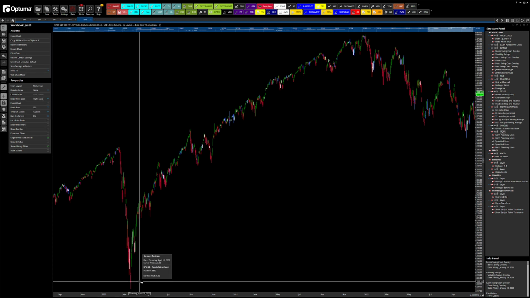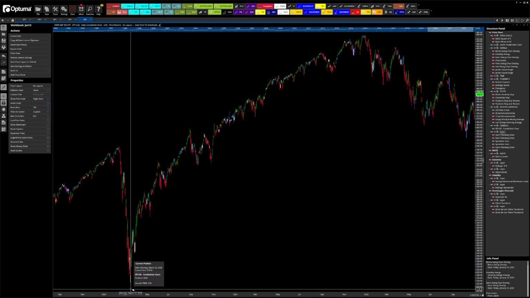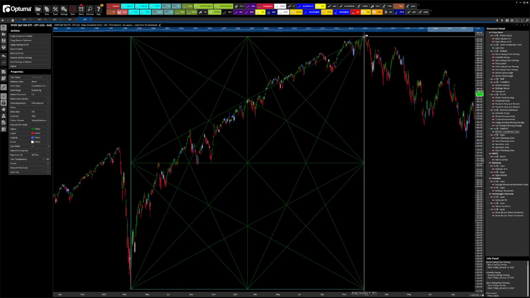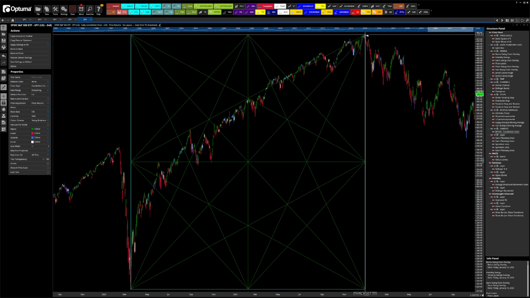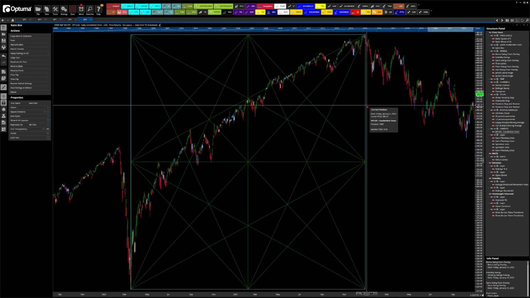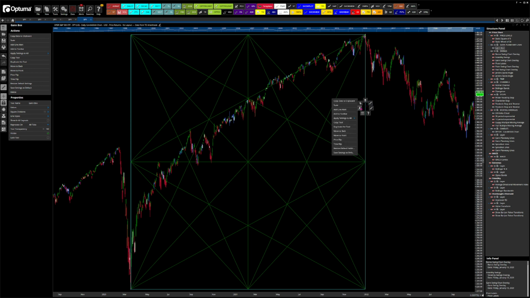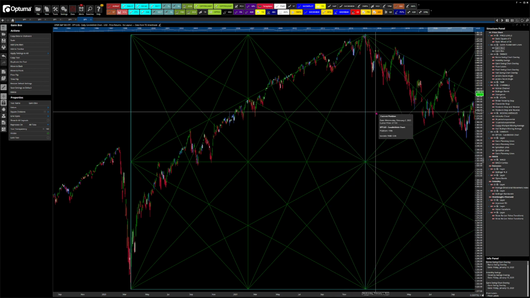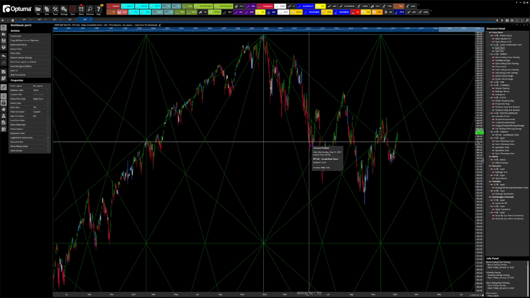And this is from the low of the crash in March of 2020, and then up to the high the market made up here. And then I'm going to flip that so that we get another one coming off to the right. And then first let's look at it in this form.